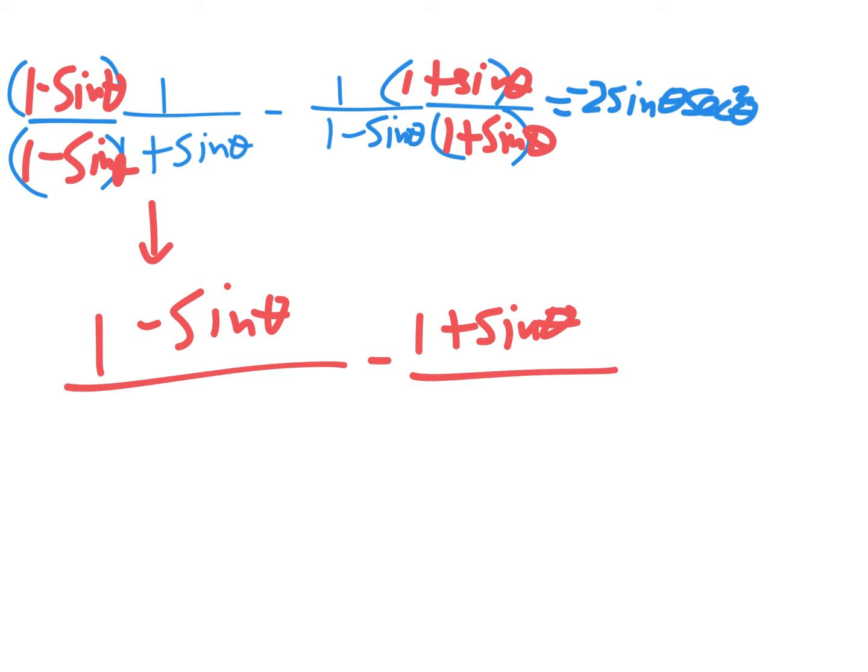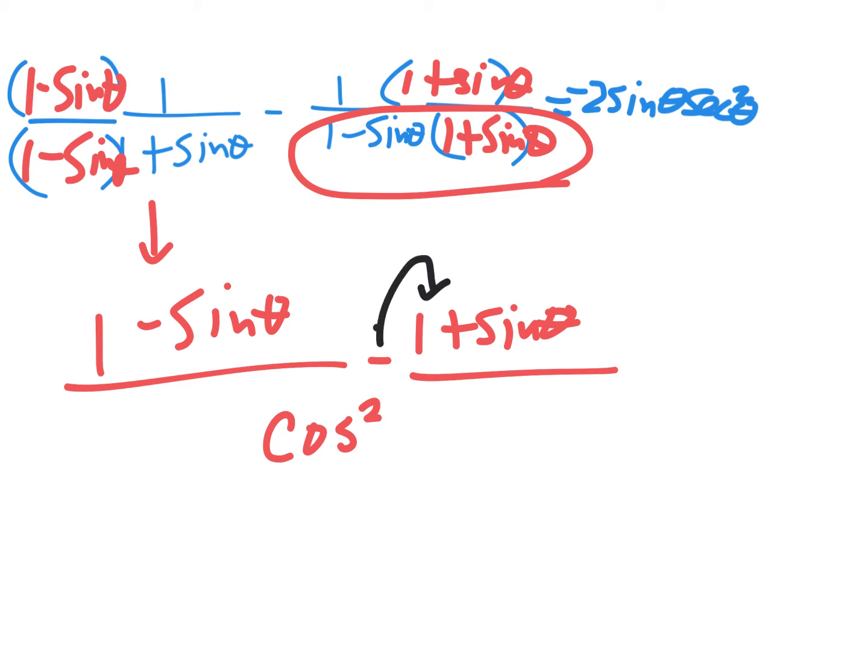And that denominator was 1 minus sine squared, which I'm going to change to cosine squared. Was that too much at once? That's 1 minus sine squared, which in turn is cosine squared. And then this negative, I hope you know this, it's not just going to land on the first number it sees. It's going to get distributed to both of these. Okay? So that's -1 and negative sine theta.